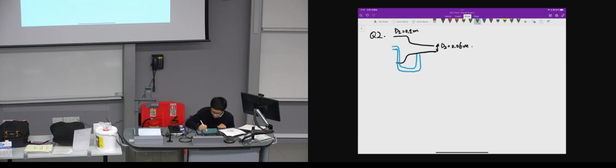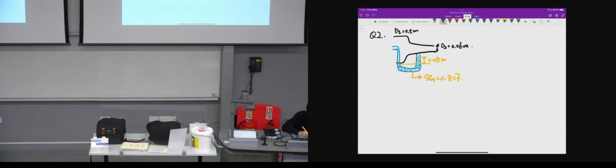And for the fluid, we have the height difference as 0.08 meter. All right, so here the specific gravity is 0.827, and the density of air is 1.2 kilogram per cubic meter.